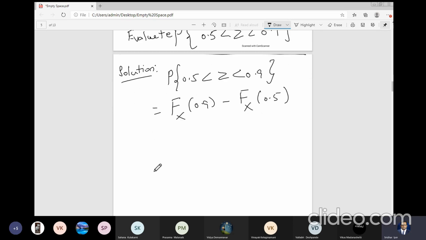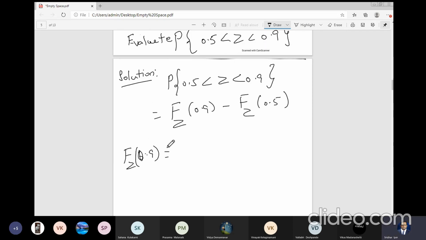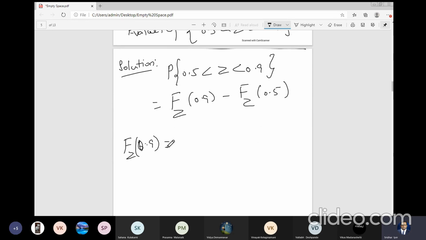Right? So let us calculate this separately because we are given it in the form of an exponent. In fact, this should be z because the random variable is z. Okay. So let me take Fz of 0.9, and Fz of z is 1 minus e raised to minus 2z raised to 3 by 2.